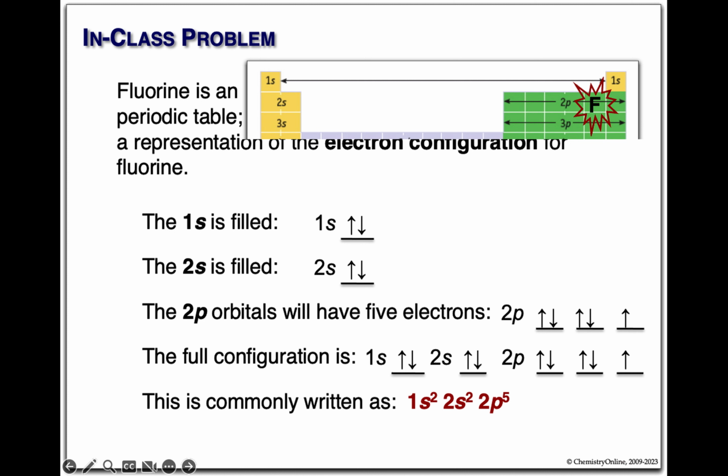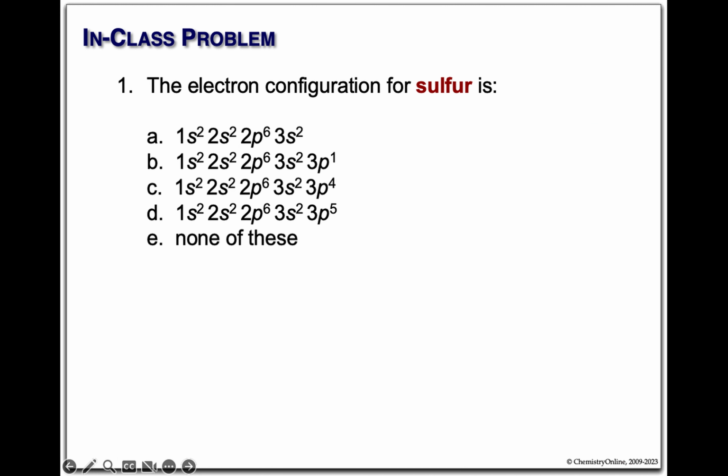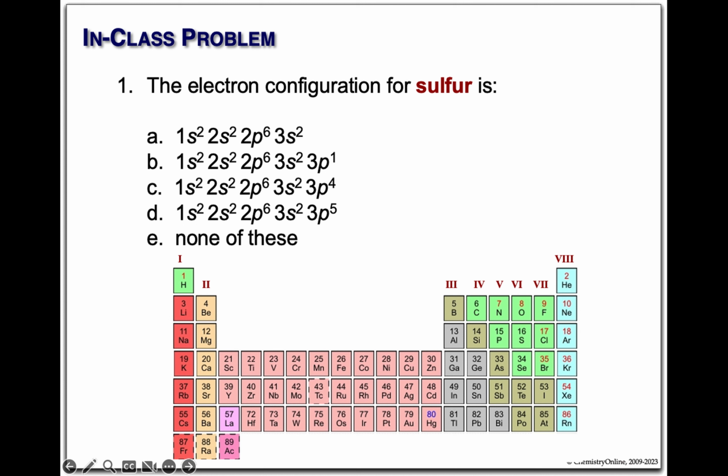Well, speaking of an exam question: electron configuration for sulfur. Now you look at your periodic table. Sulfur is here in the third period. Right here. That means that the first period is full. The second period, the s orbital is full.